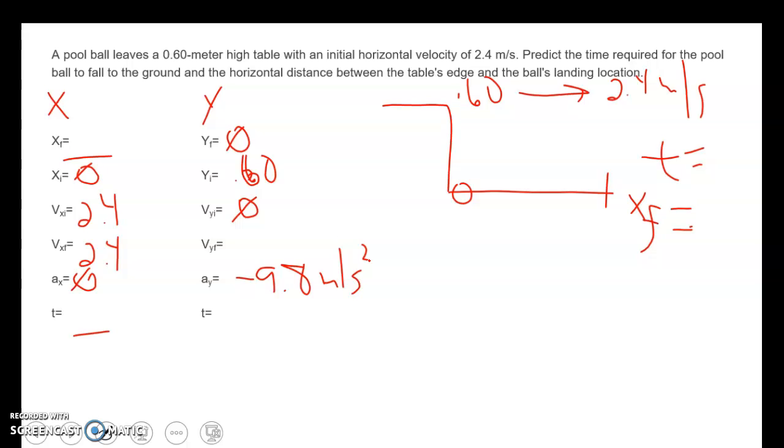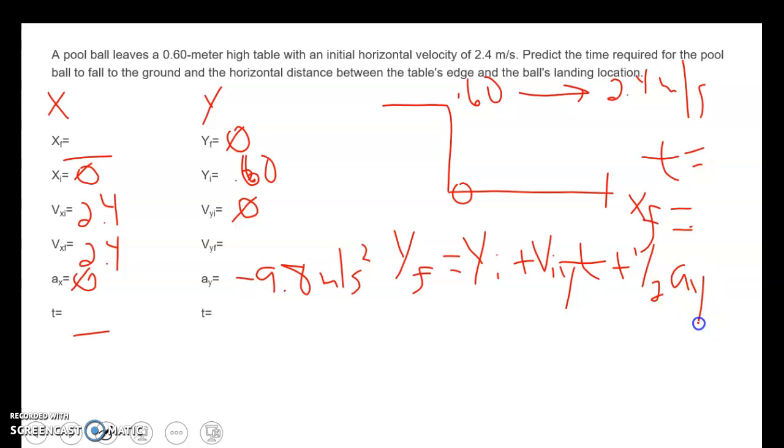First thing I want to do is say y final is equal to y initial plus initial velocity in the y times t plus 1/2 acceleration y times t squared. My y final is 0. My y initial is 0.6.